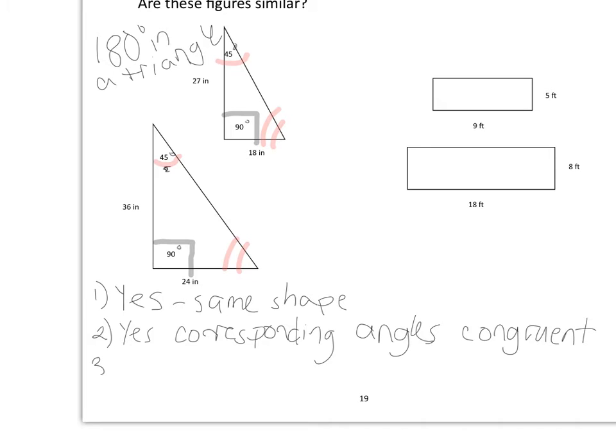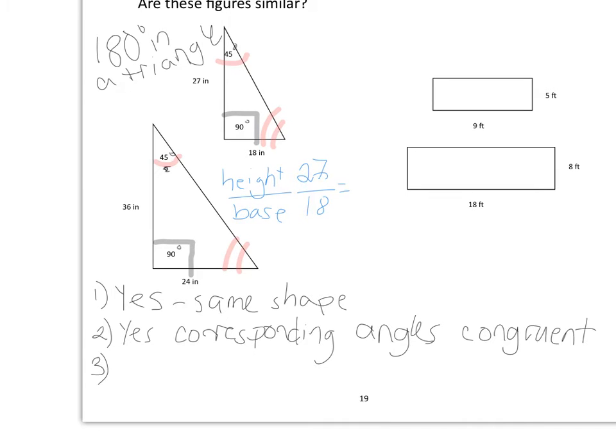So now we're asked, are the sides proportional? What we're going to do is compare the height to the base. If we look at the smaller triangle, the height is 27 and the base is 18.